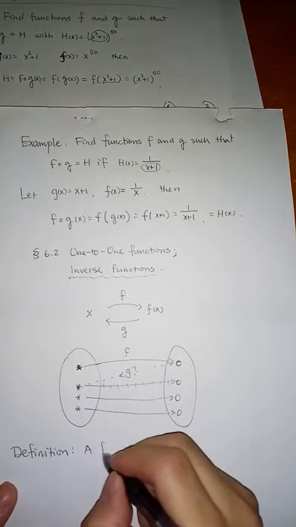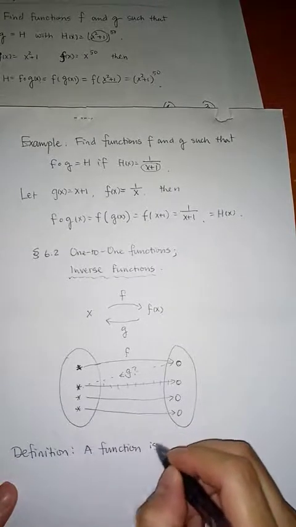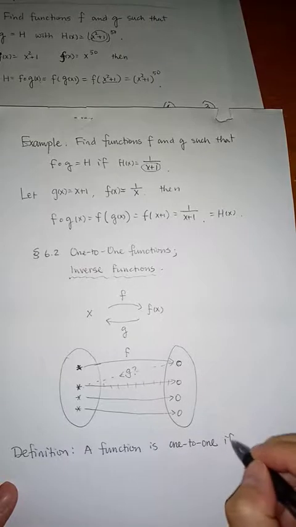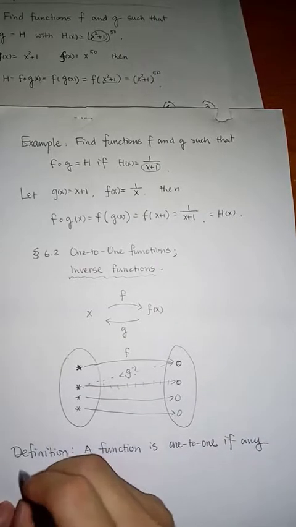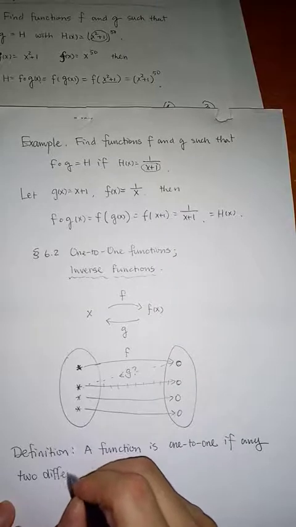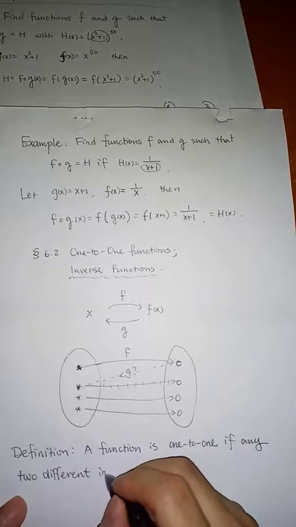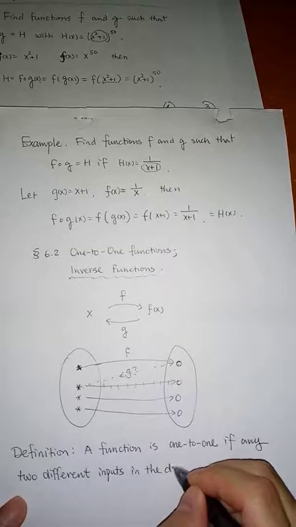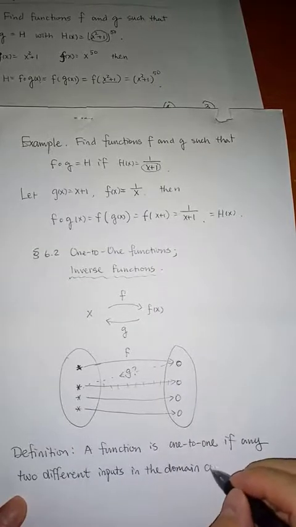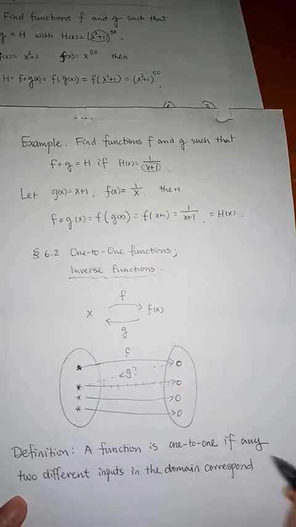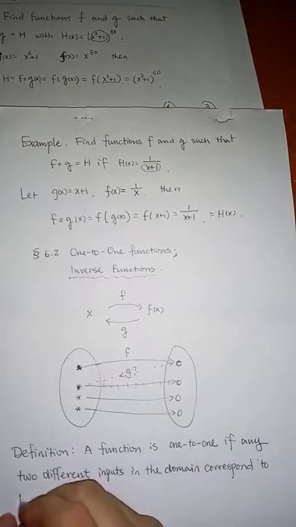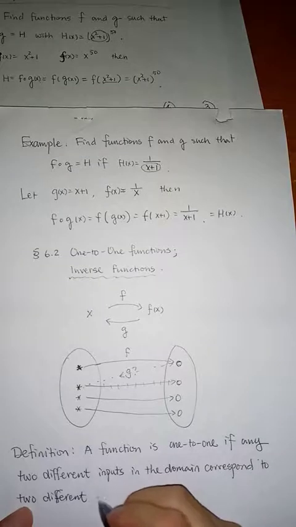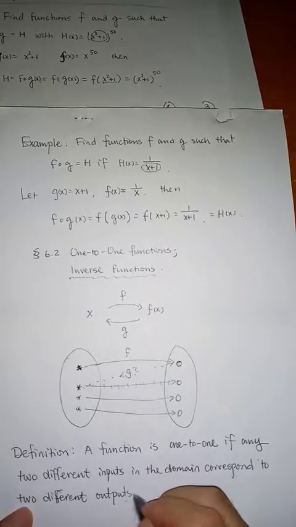Definition. A function is one-to-one if any two different inputs in the domain correspond to two different outputs in the range.